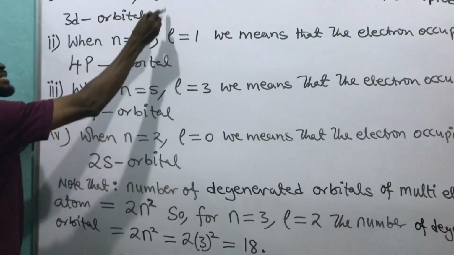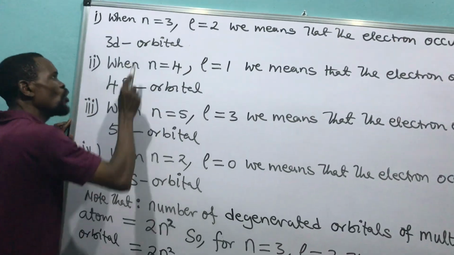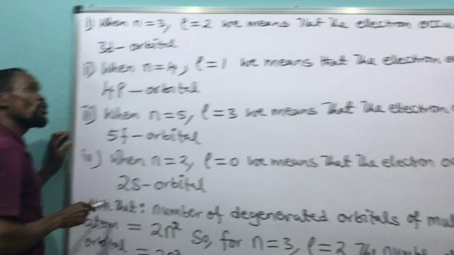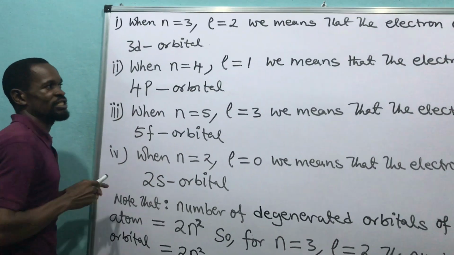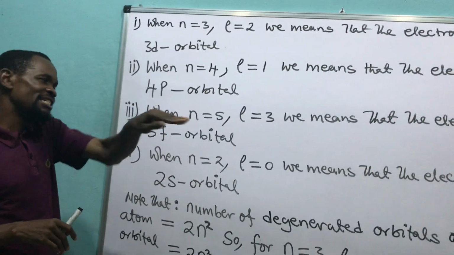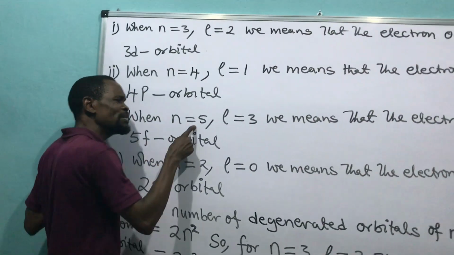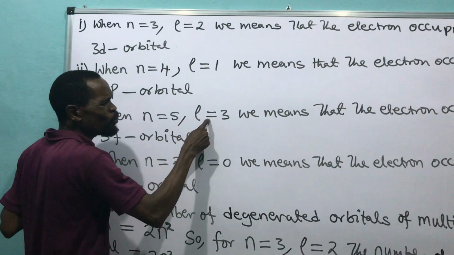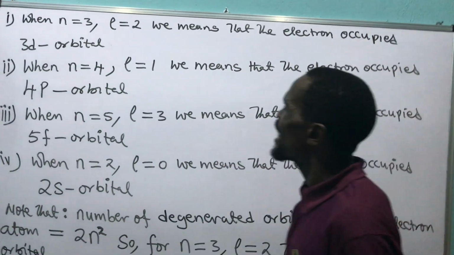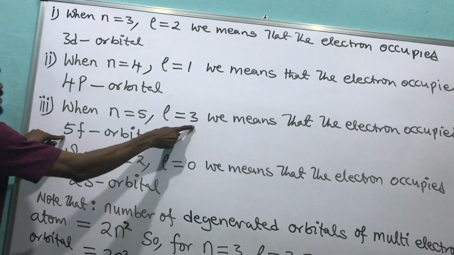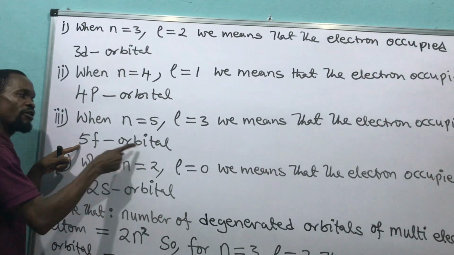You know that the angular momentum is the one that determines the orbital, while the principal quantum number determines the coefficient, which is the energy level. Then when n is equal to 5, L equals 3, it means that the electron occupies 5f orbital.